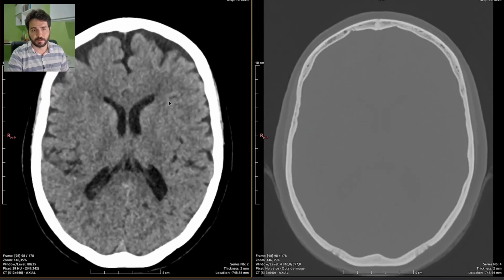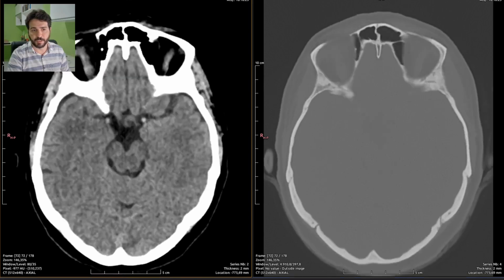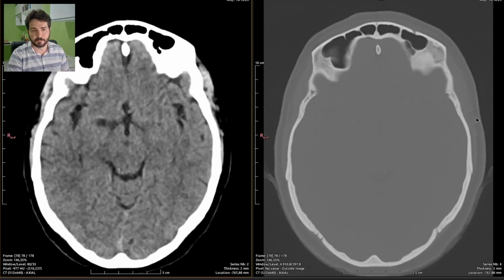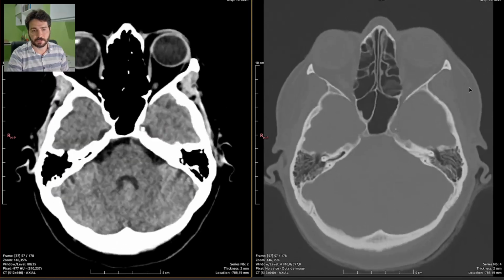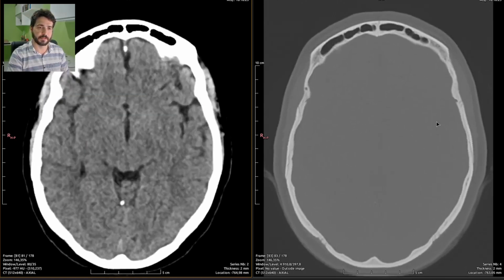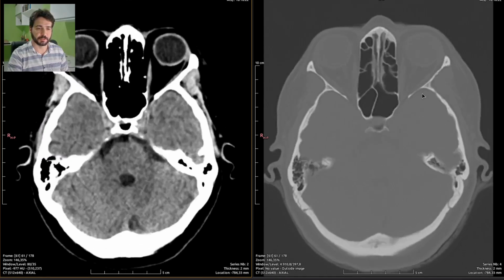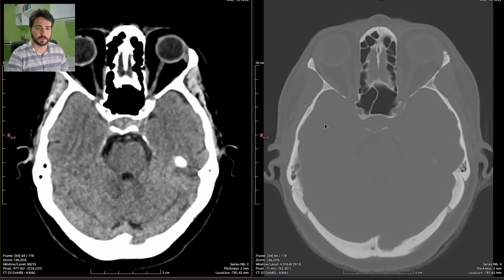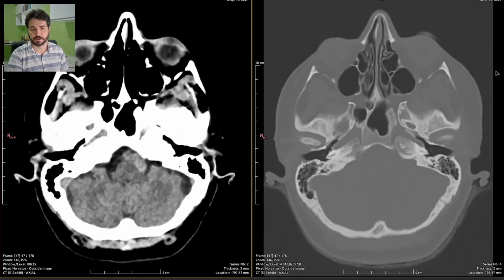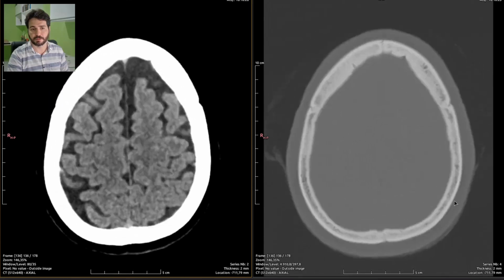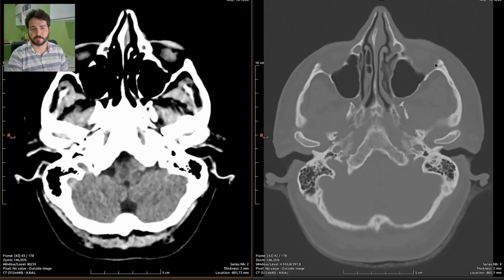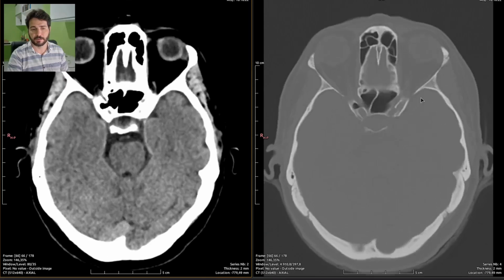Of course, there is mild white matter disease, probably related to microangiopathy, which is really common on chronic high blood pressure patients. There are some atherosclerotic alterations, features on the internal carotid arteries, and the rest of the brain parenchyma seems okay.